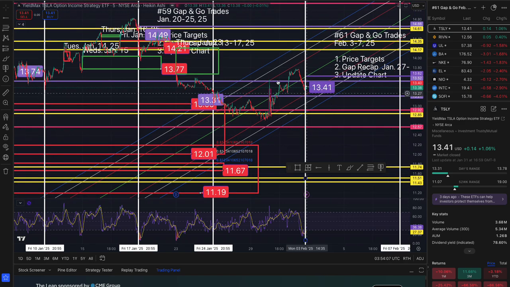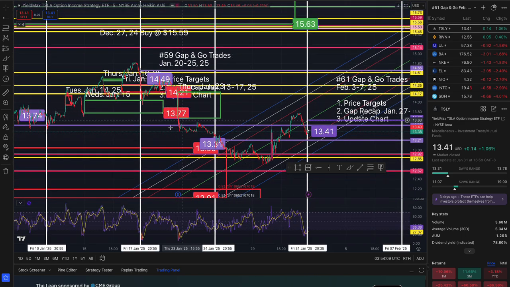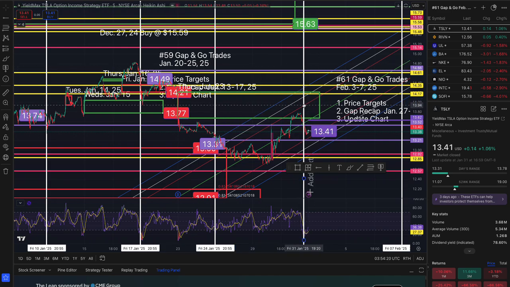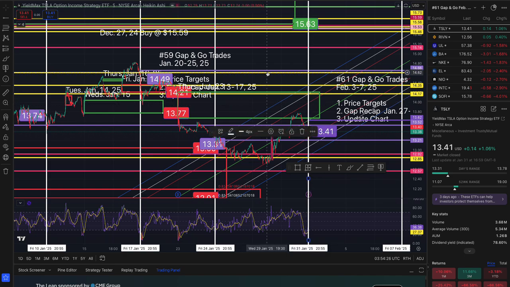And let's clean up some of the gaps. So this gap formed. We gapped down, so I anticipate it to fill to the upside. And I will move this back where it belongs, right there.